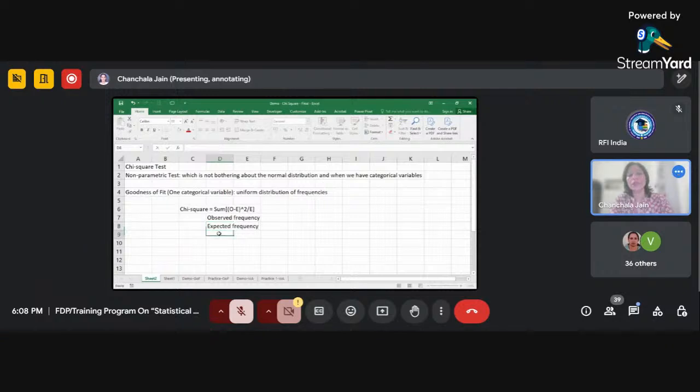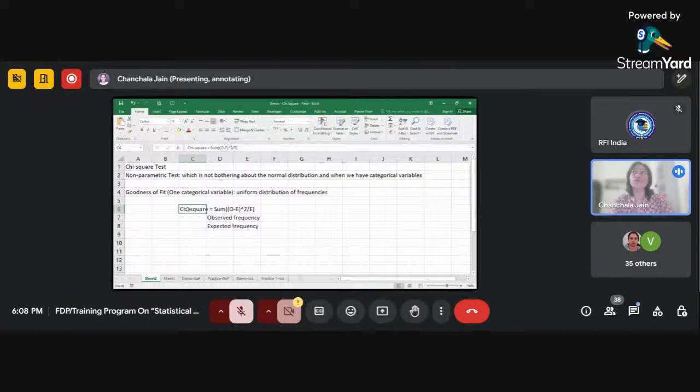So when we talk about the chi-square test, it works on the frequencies, meaning the counts. It is not working on the values, as we have understood that a variable is an entity which accepts various values. A categorical variable generally accepts counts or frequencies.